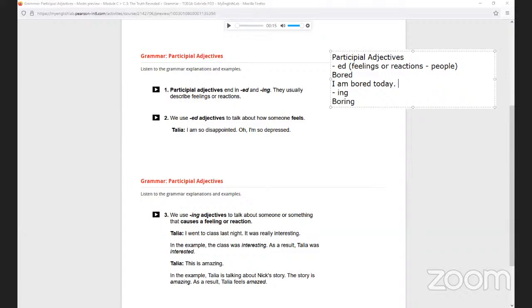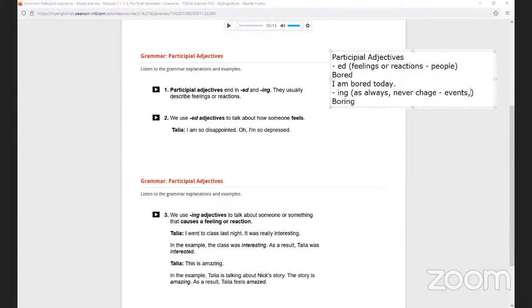So now, when we use the ing form, we use it for things that are always the same way. The state never changes, okay? In this case, we could use it with events.